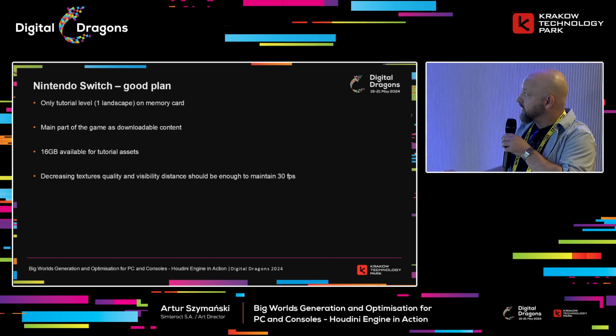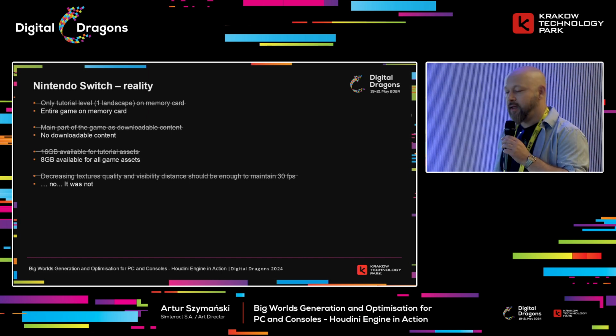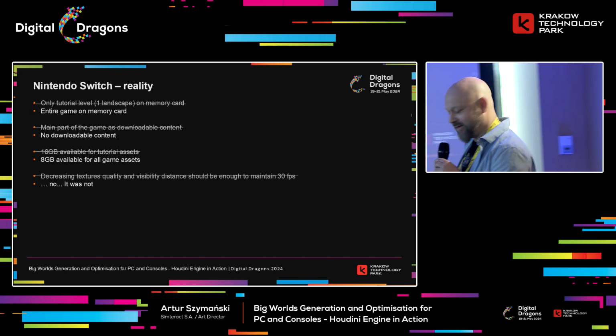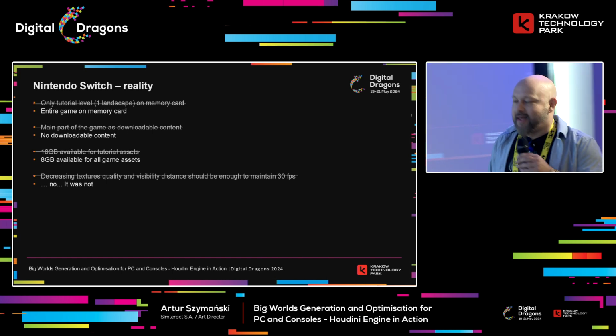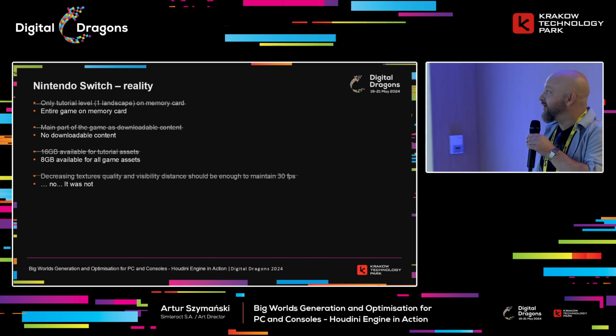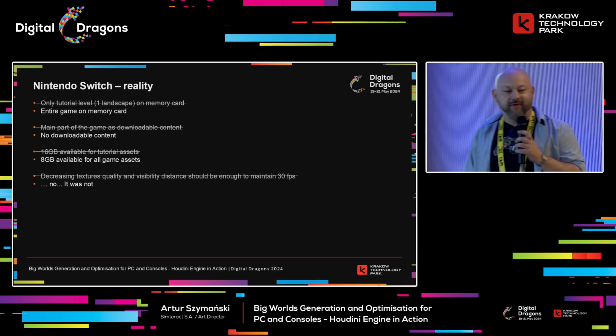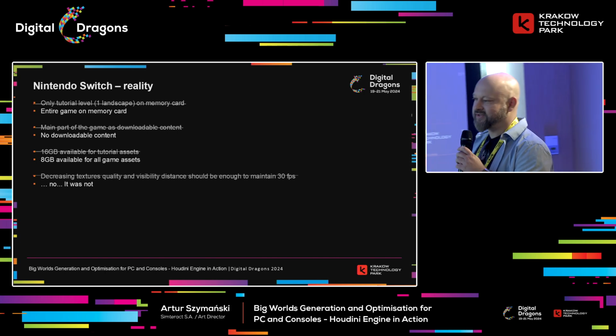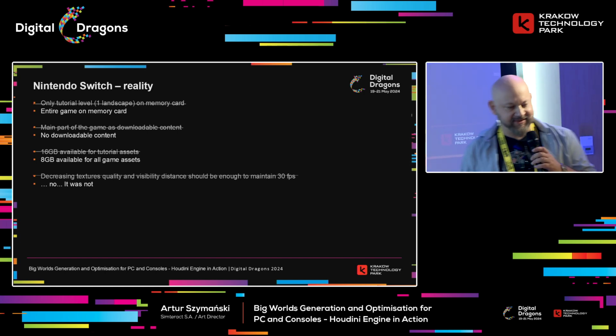But in the meantime, the plans changed. We found out from the publisher, yeah, it was not that fun. It definitely was a very silent moment when we found out. The entire game had to fit on the memory card. Because of manufacturing costs, the memory card will be 8 gigabytes, not 16.